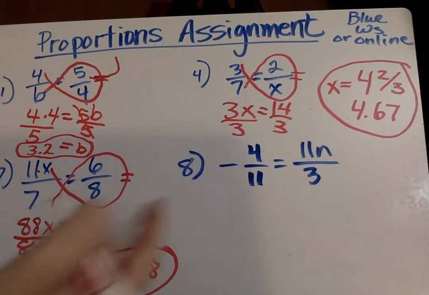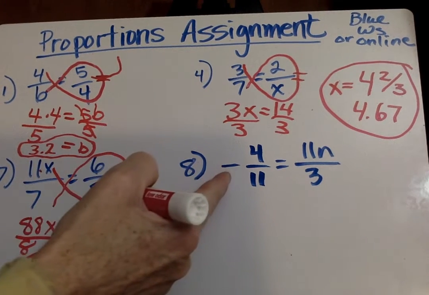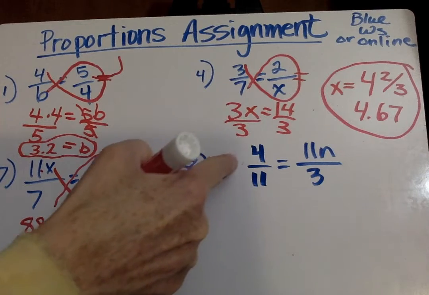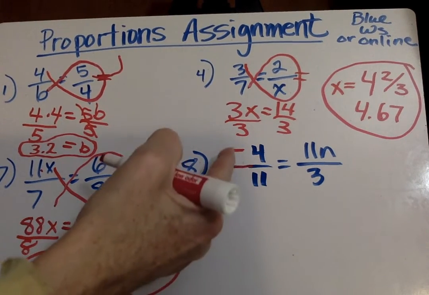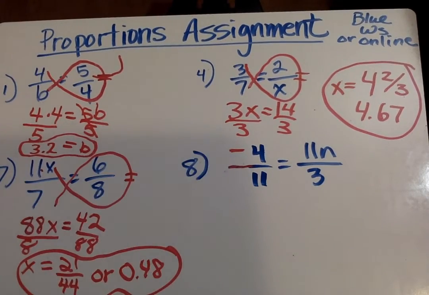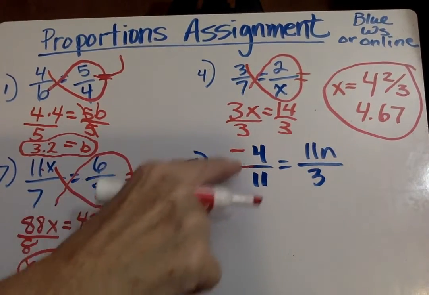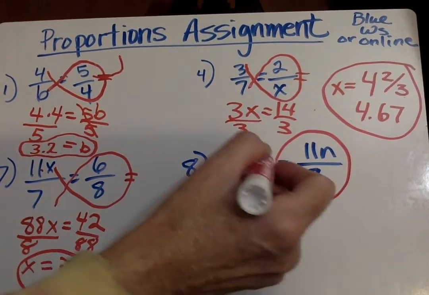Now, this one's a little bit of a trickster right here. It has a negative sign. If you ever see a negative sign, always move it to the top. If there's already a negative sign there as well, then negative times negative will make it positive. But otherwise, we just move it to the top before we go ahead and do our fish.